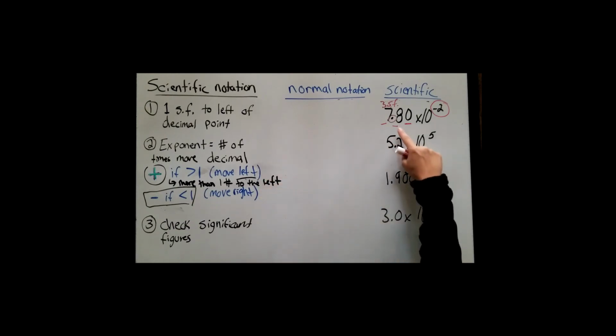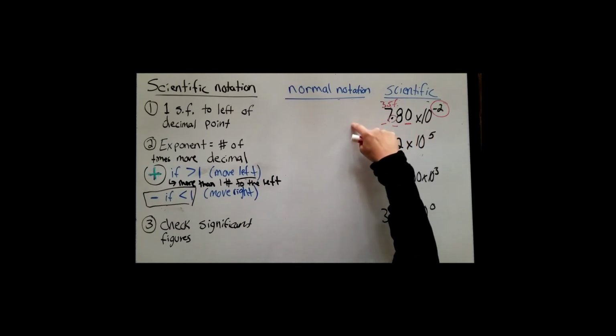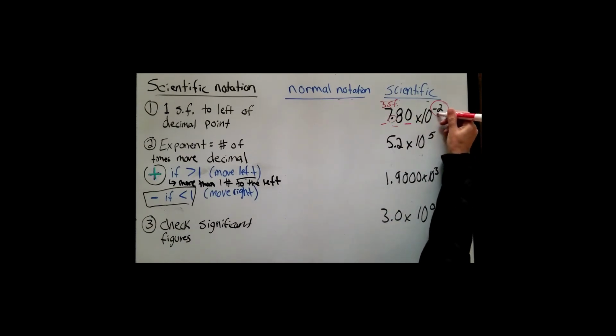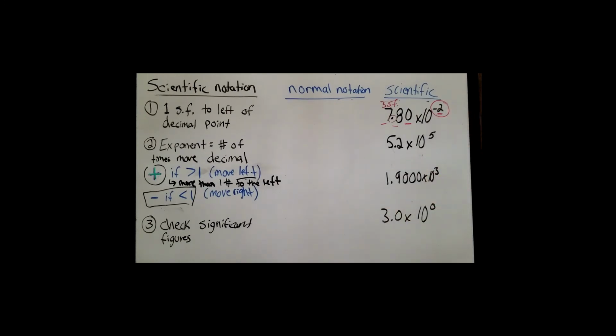Okay, so what I'm saying is if you have a negative exponent, you know this needs to be a small number. So in order to make it a small number, you're going to have to move it to the left to make it smaller. How many times to the left? Well, that's what the number itself tells you. 2 times in this case. So moving that decimal 2 times to the left.